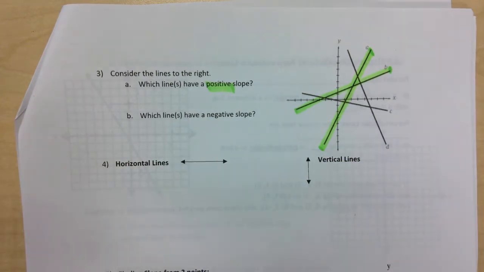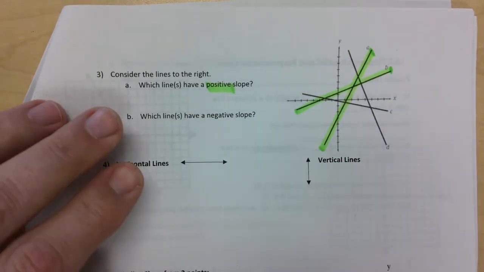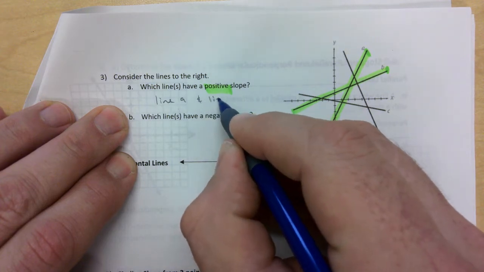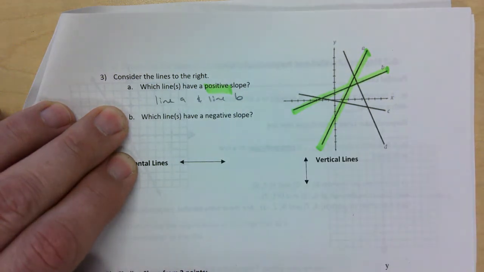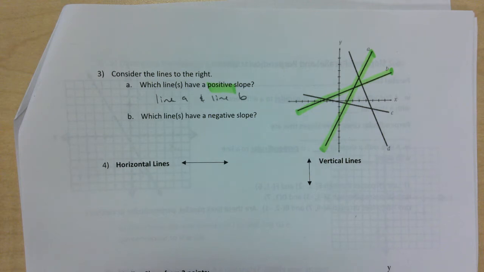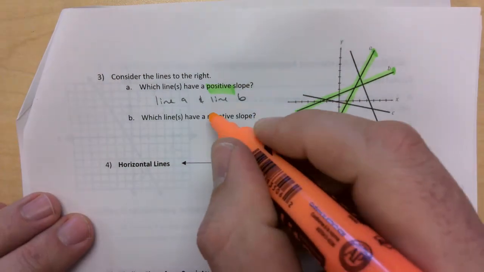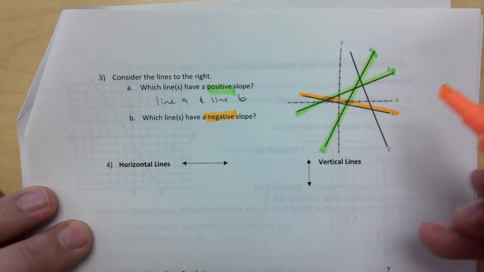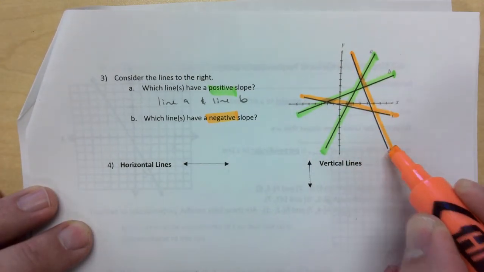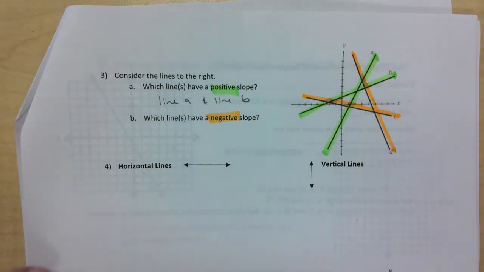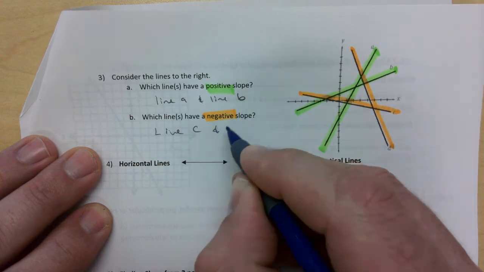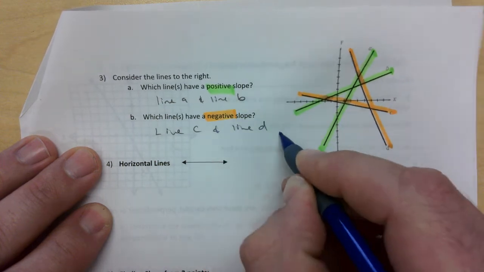So A and B, line A and line B. And then I have my negative slopes. From left to right, this would be negative, and this would be negative. So line C and line D. There we go.